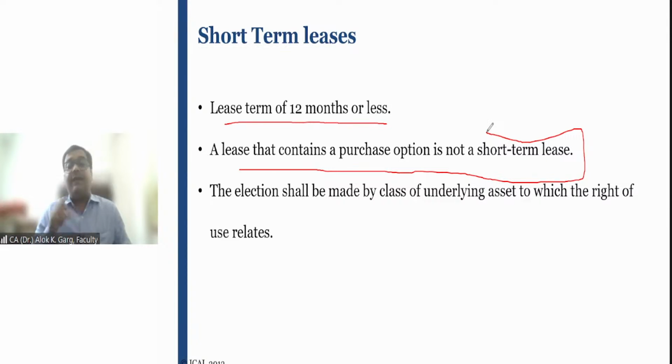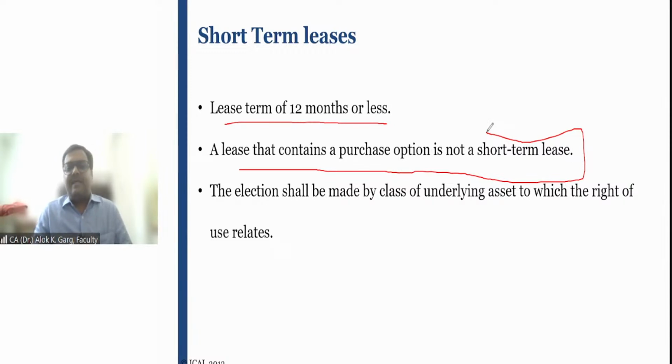If I want to avail the exemption for 1 or 2 cars, and for the remaining cars do right of use asset and lease liability accounting, the standard says no. If you want to avail the exemption, it has to be availed by class of asset. It means if you want to avail the exemption for 1 car lease, then you need to avail the exemption for all the car leases, right?